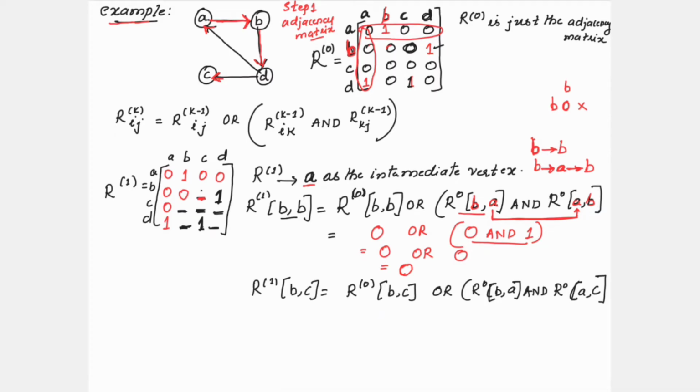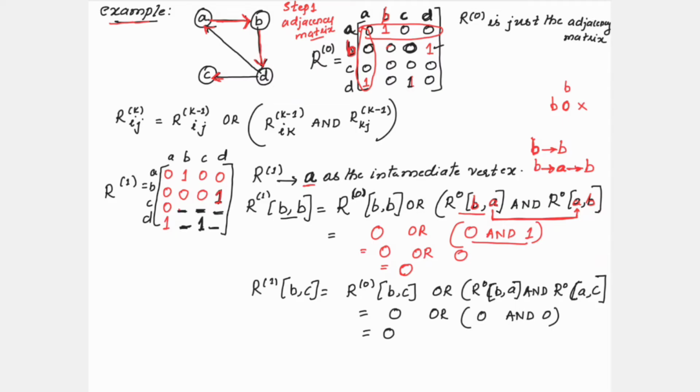You can see here it is 0. Logical OR B comma A. B comma A is 0 and A comma C. A C is also 0. So in this case we got 0. So now we should write down here in the matrix 0. The next one is 1, so no need to worry.